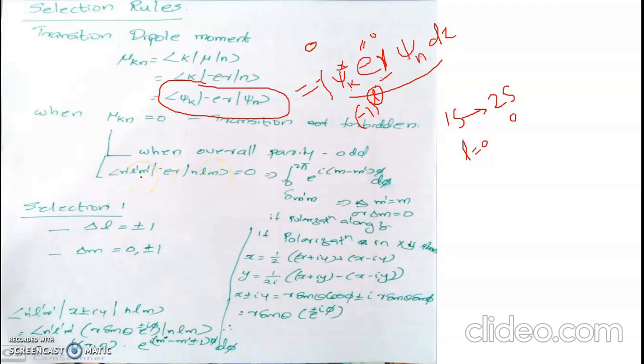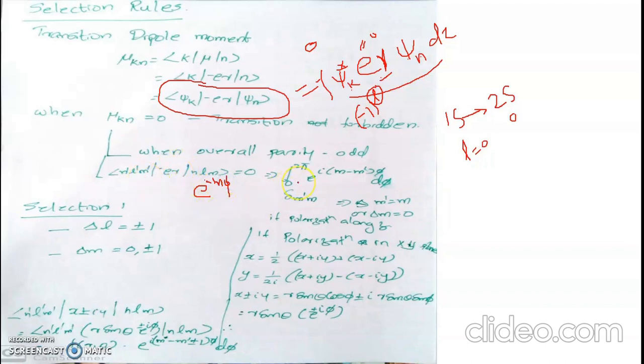Now this will have a phi dependent part in the adjoint ket space, which is e raised to i m prime phi, and in the ket space this will be e raised to i m phi, and that part will be independent of this position dependent operator.